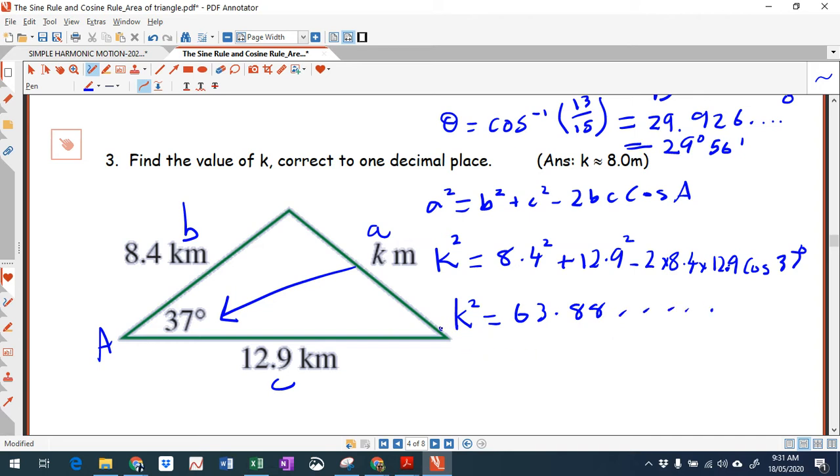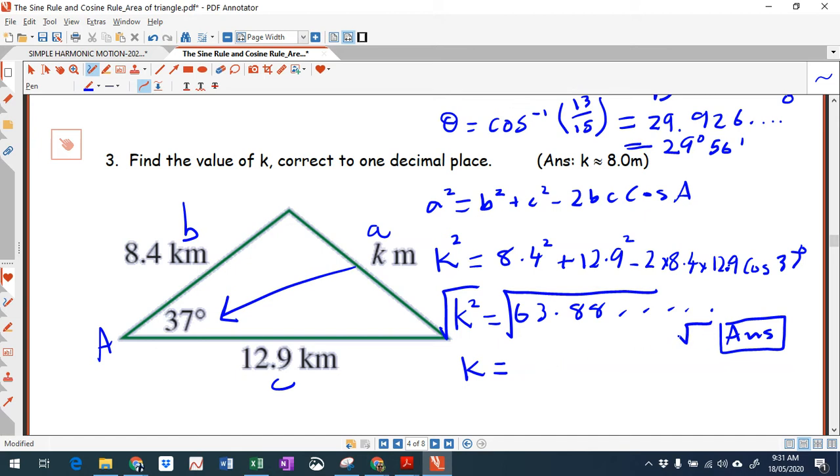And then you're going to square root both sides. Leave that whole decimal in your calculator and just go square root. What I do on the calculator is press the square root button and then the answer button, and that uses the previous decimal, 63.88 and so on, and puts it inside the square root symbol.